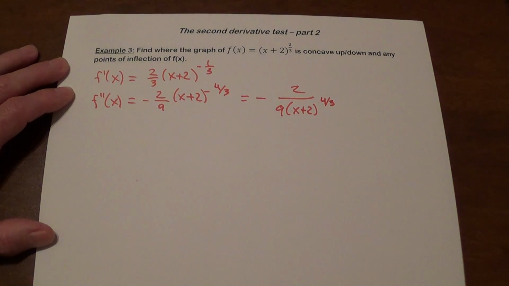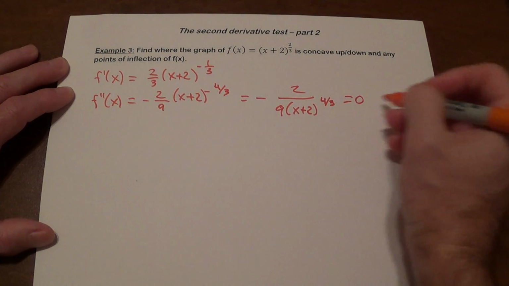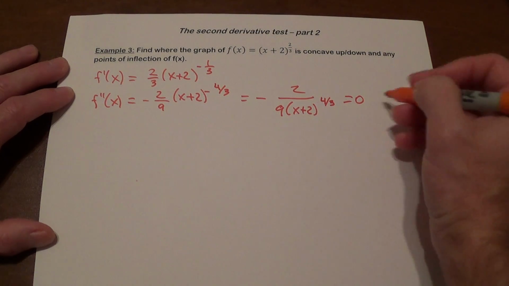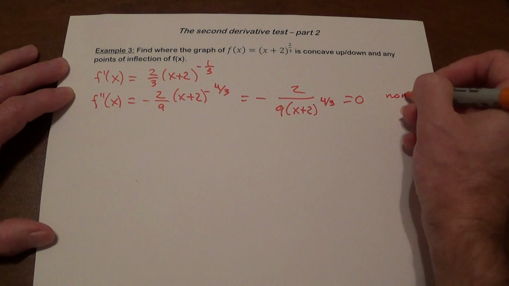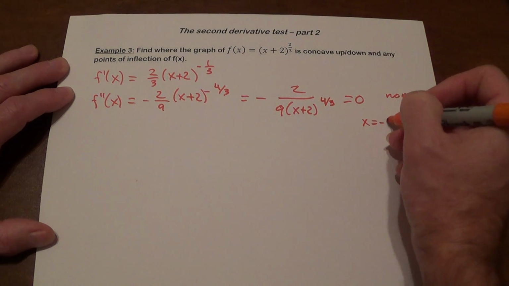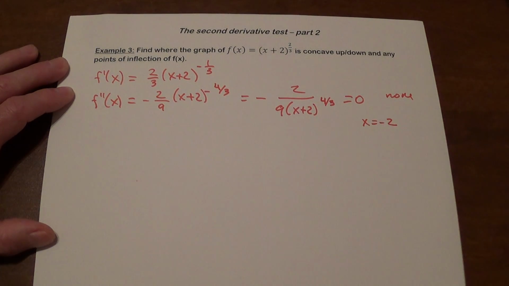We set it equal to 0. Similar situation as with the previous example, there are no such points, but we have to consider negative 2 as our point.